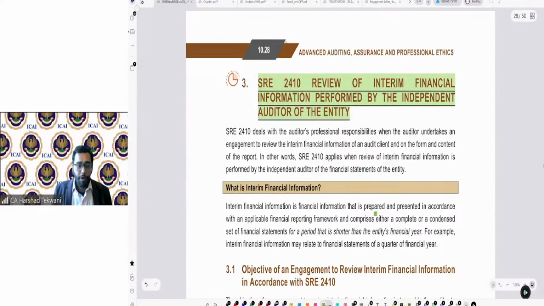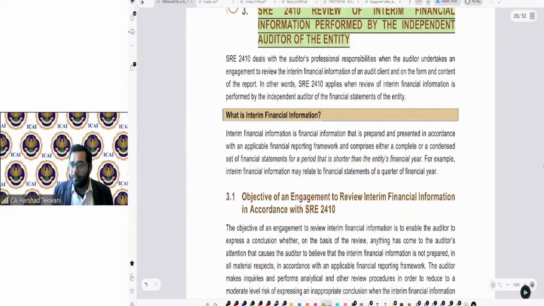When I talk about interim financial information, again, the question is, what is interim financial information? If Ind AS is applicable, then as per Ind AS 34, Interim Financial Reporting, the definition is there.